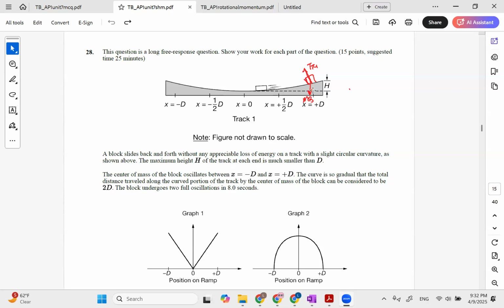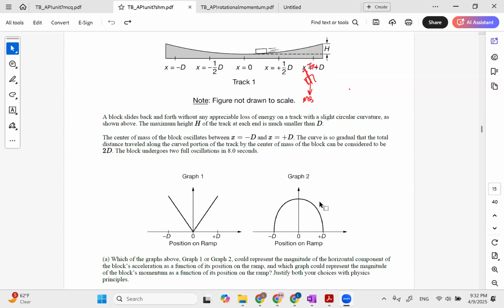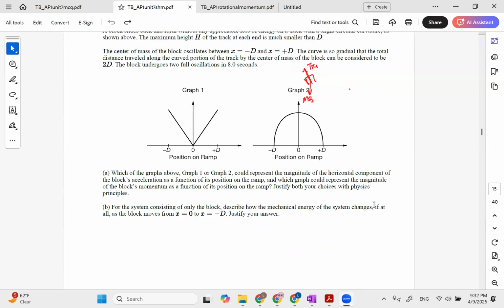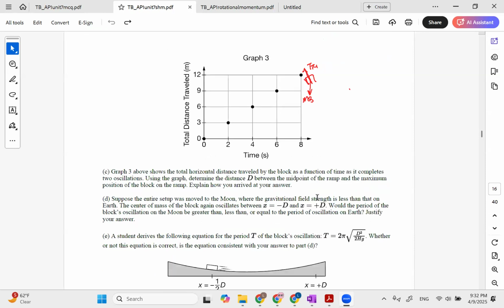So you'll see that when you move to the moon, g changes, right? g is smaller, g decreases. Remember, g on Earth is 9.8 Newton per kilogram. But what is g on the moon? g on the moon is around 1.6 Newton per kilogram. So you weigh less when you are on the moon.